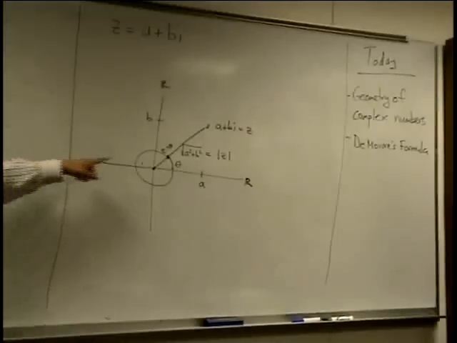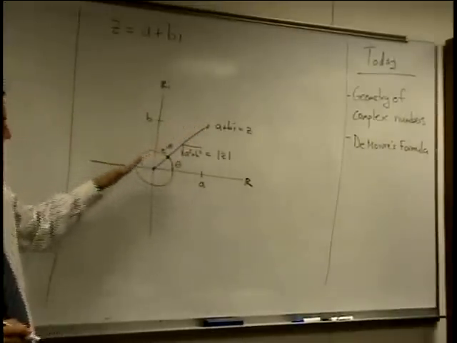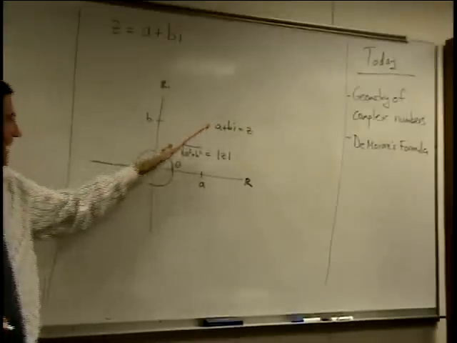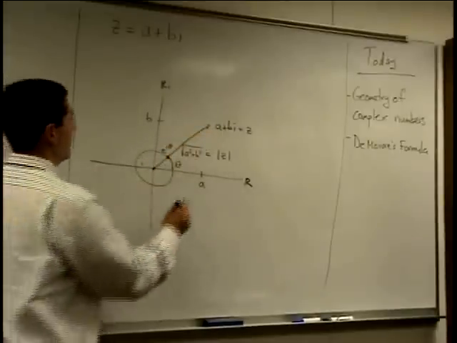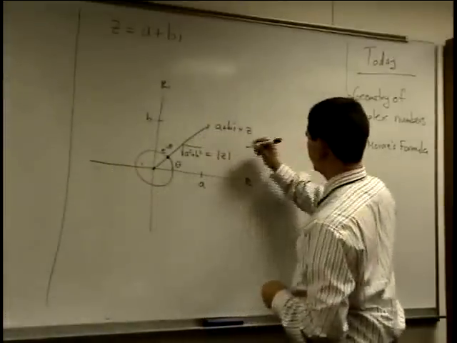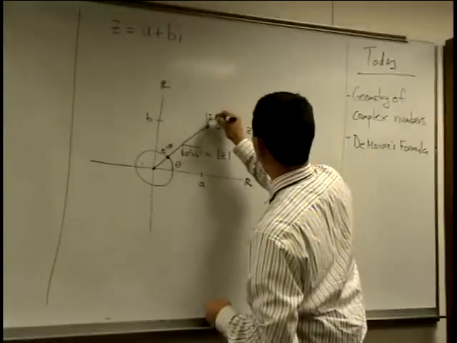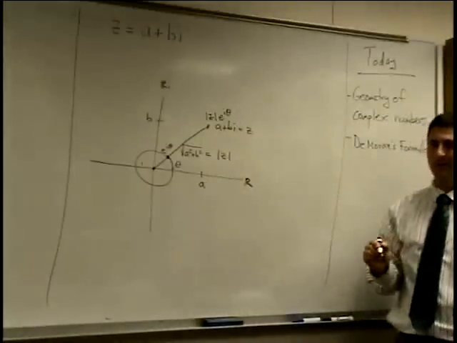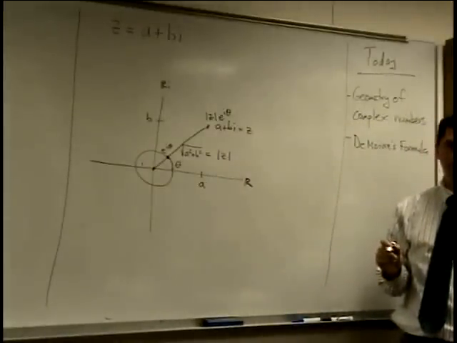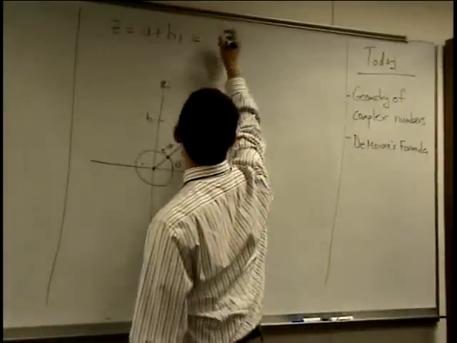And so if you want to go out to this point over here, all you have to do is multiply by the magnitude of z. And that'll give you the point out here. And so this point here in polar form is the magnitude of z times e to the i theta. So in general, we can write this z in two different ways.